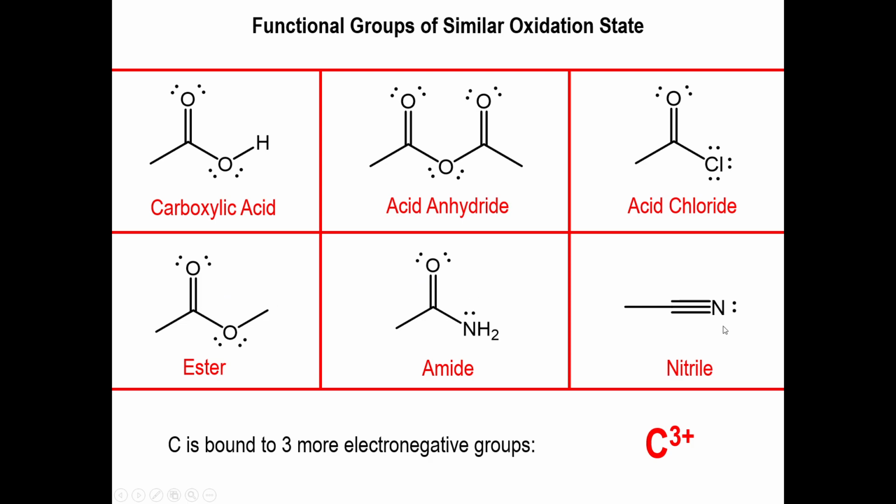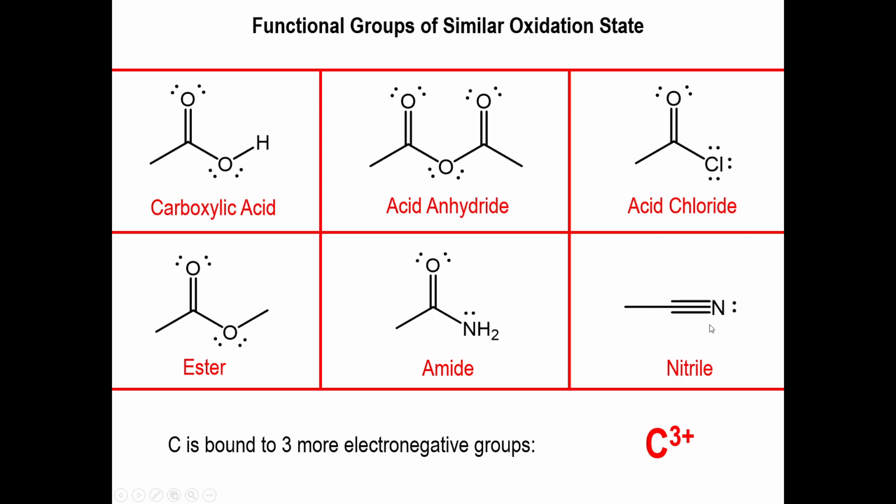But the one thing that you should notice is that for this carbon, there are always three connections to elements more electronegative than carbon itself. So like three connections to oxygen, or two connections to oxygen and one to chlorine, two connections to oxygen and one to nitrogen, or three connections directly to nitrogen.